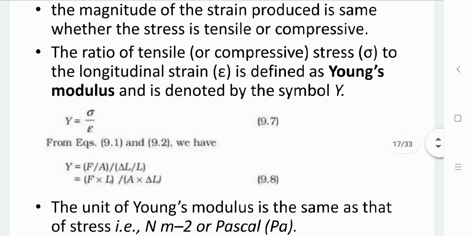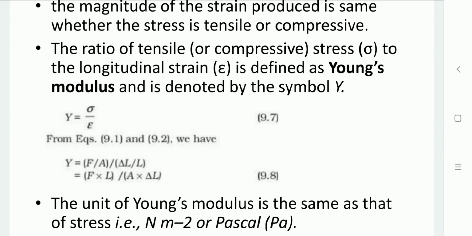And we know that stress is nothing but applied force per area, and longitudinal strain is nothing but change in length over original length.